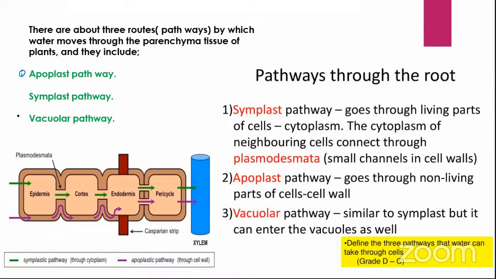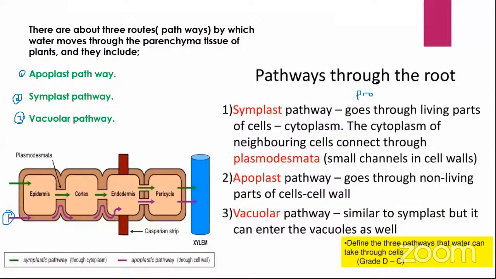The apoplast pathway is the pathway which goes through the non-living parts of the cell, that is these spaces represented by these purple lines. Two, the symplast pathway is the pathway that goes via the cytoplasm. Remember, I told you about the protoplast. Let me write it here for some of you who may have forgotten.